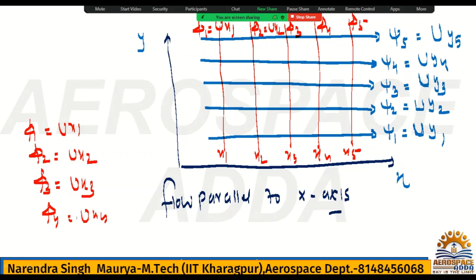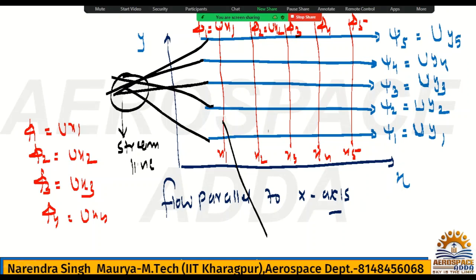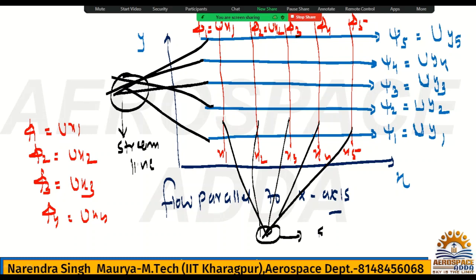So guys, all these lines that we have drawn here are streamlines. Yes or no? And all these other lines are equipotential lines.